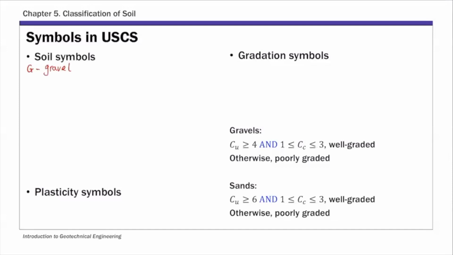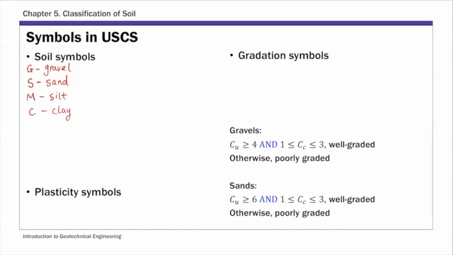The first soil symbol is G, which stands for gravel. The second one, S, stands for sand. Then M stands for silt, and C for clay. Again, as I mentioned, those are descriptive names. You see the letter G, you can immediately relate that to gravel.